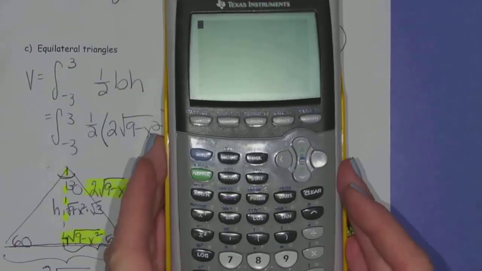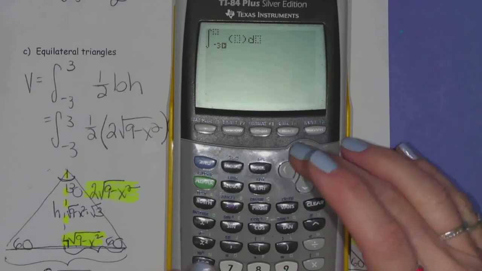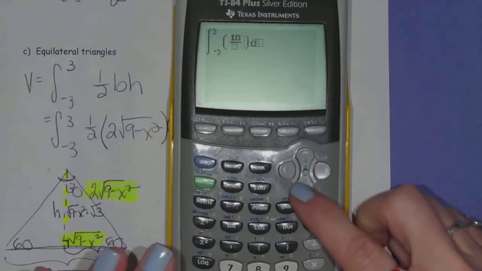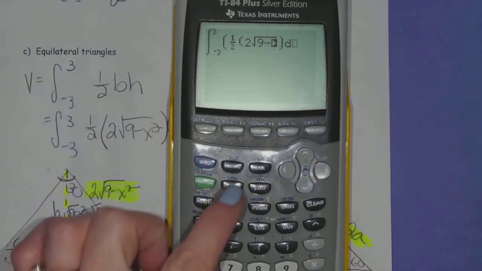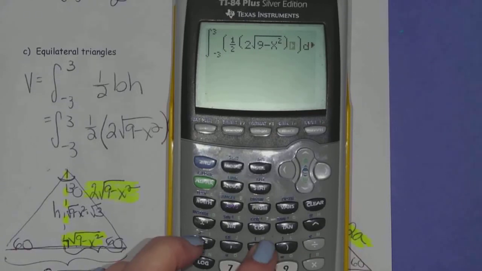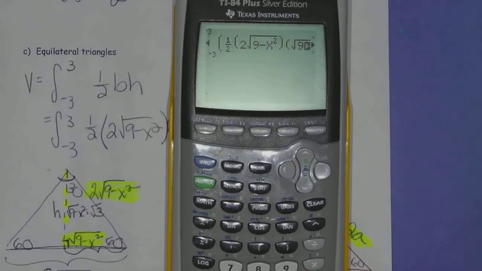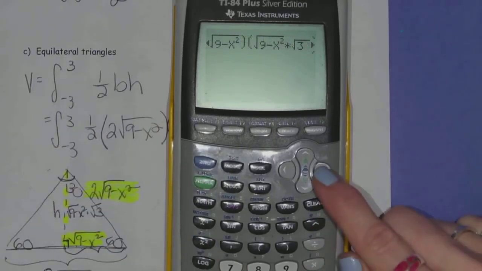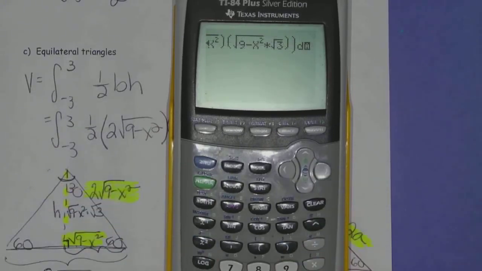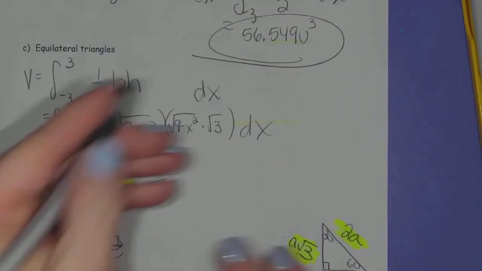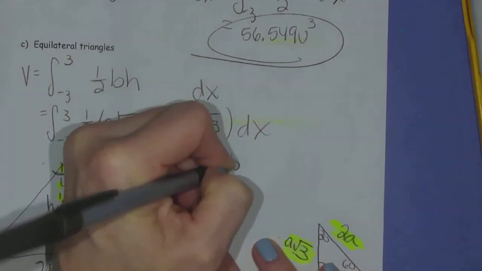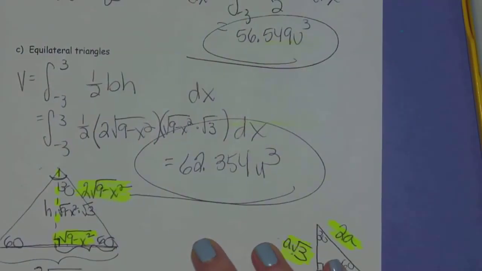It's going to be Math 9, -3 to 3, 1/2, this gets a little ugly, be careful, times 2 root 9 minus x squared, that's my base, times my height, which is root 9 minus x squared times root 3, dx. And I'm getting 62.354, which is the correct answer, 62.354 units cubed. Final answer.